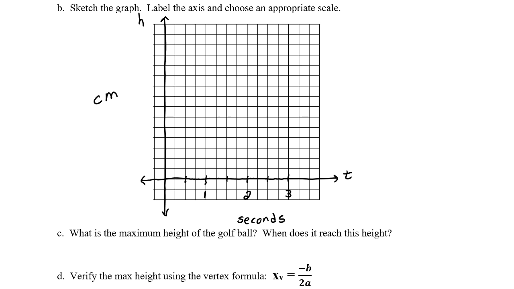I think 50s, there's not going to be enough room here. So maybe I'll go by hundreds. 100, 200, 300, 400, 500, 600, 700, 800, 900, 1,000, and a few more like that.